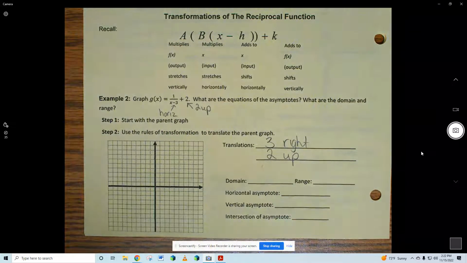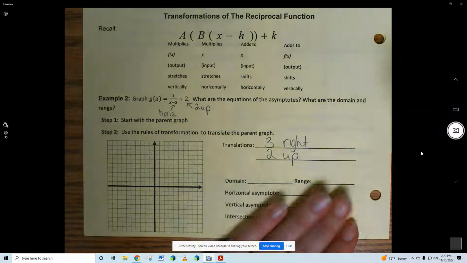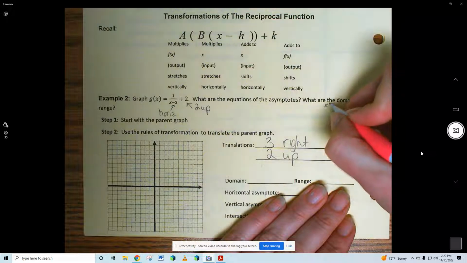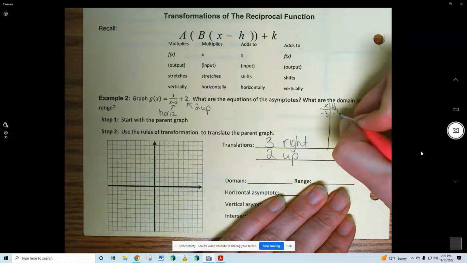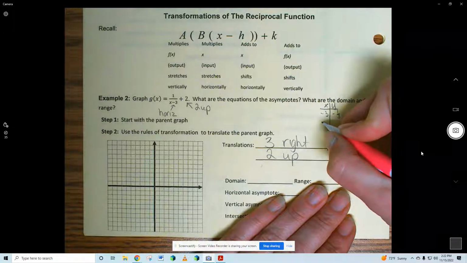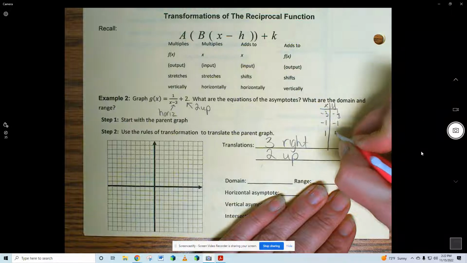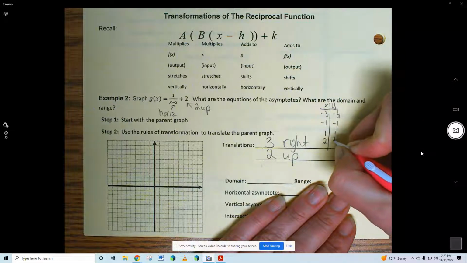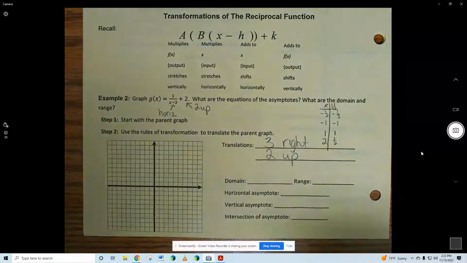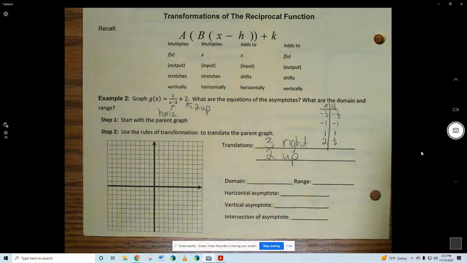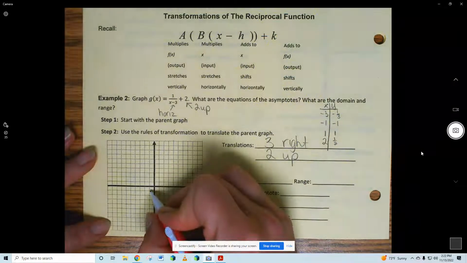Plot every point of the parent function. Here it is. Like negative 3 is negative 1/3. I can't do them all. Negative 1 is negative 1. 1 is 1. 2 is 1/2. And then I'm literally going to move each point. So let me plot those. Okay. I'm plotting my parent function in pencil.